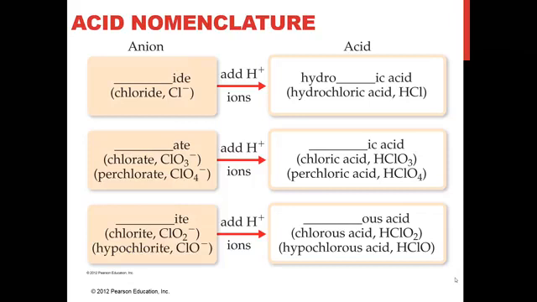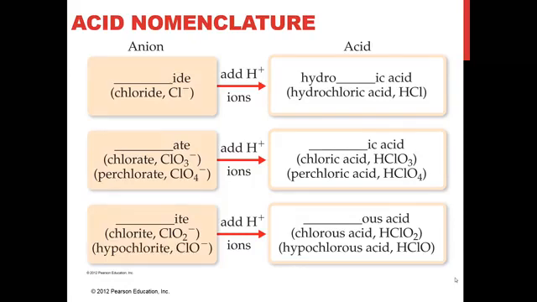If the anion's name ends in ATE, then naming the acid is slightly different. Let's look at a couple examples. Let's assume the anion present in our acid is ClO3 1-. That is the chlorate anion.